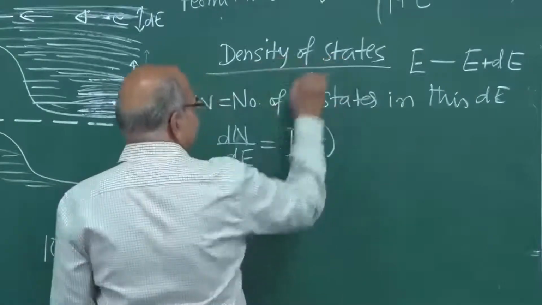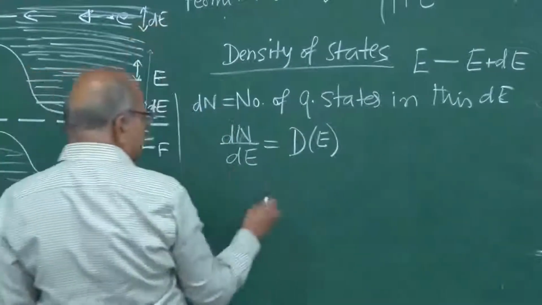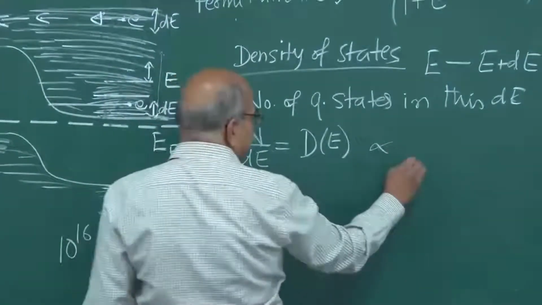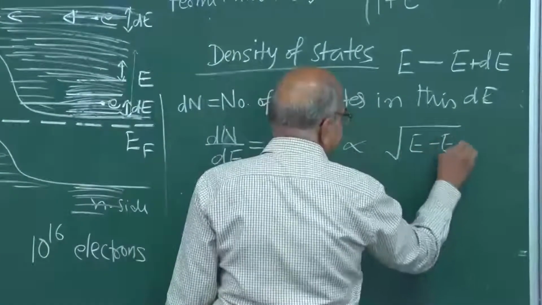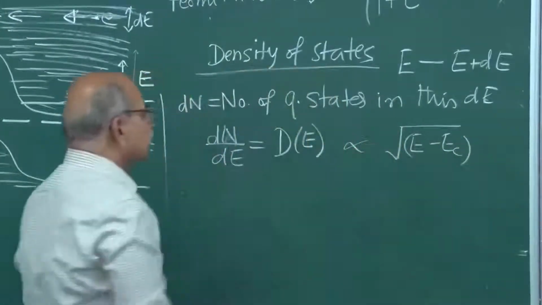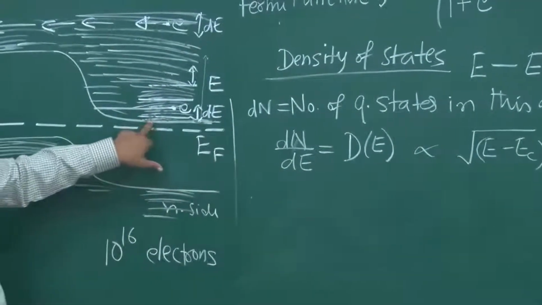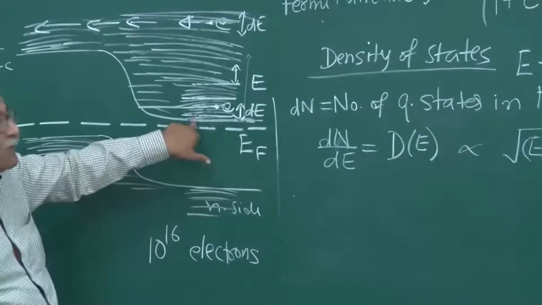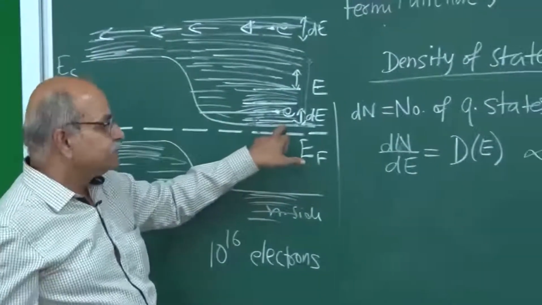This is called density of states. In the conduction band, it turns out that D(E) is proportional to the square root of E minus EC. There are some factors here, but energy-wise this is the dependence. Remember, the bottom of the conduction band I am writing as EC.